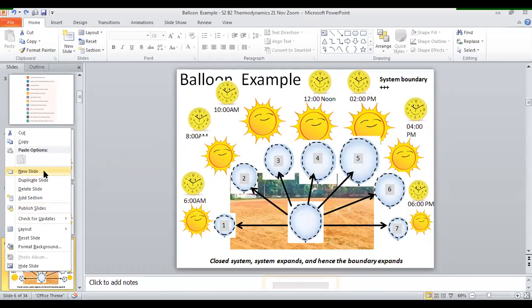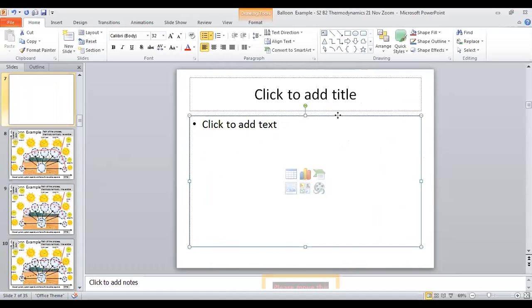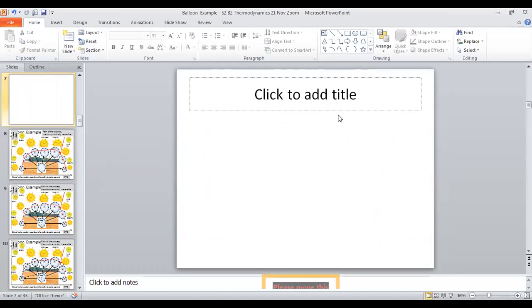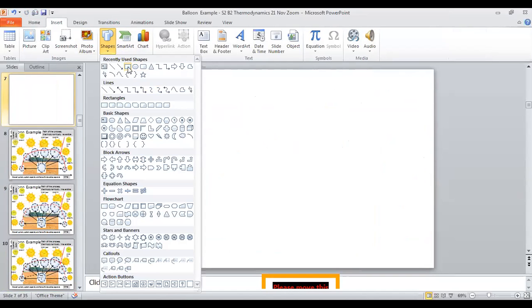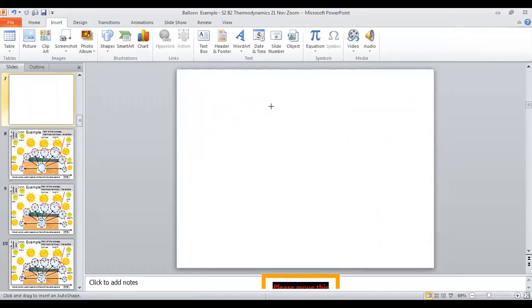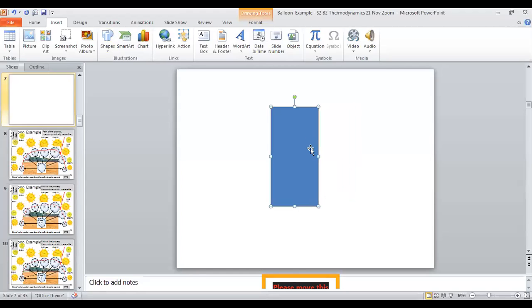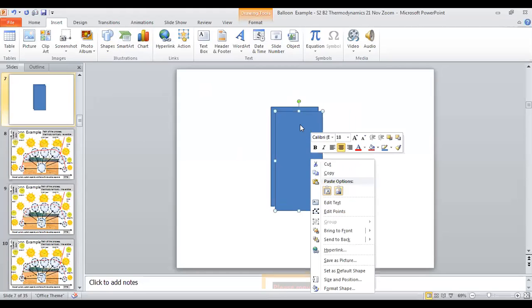an example, let's say a piston cylinder system. You can draw it. Let me try to draw here the cylinder and a piston.